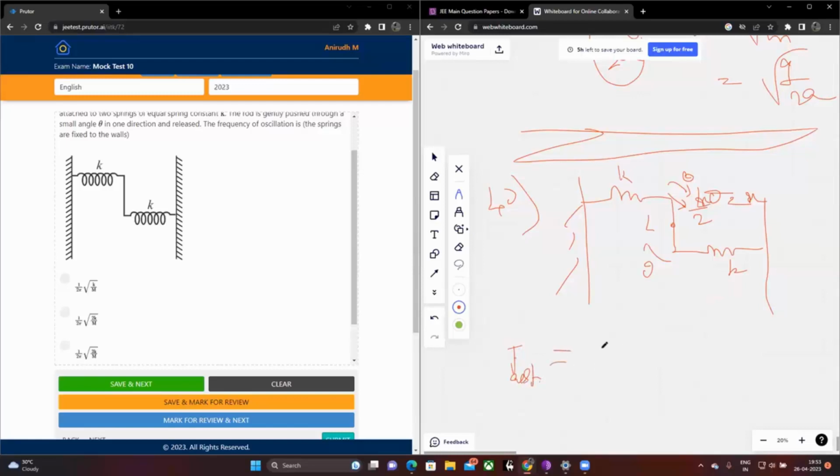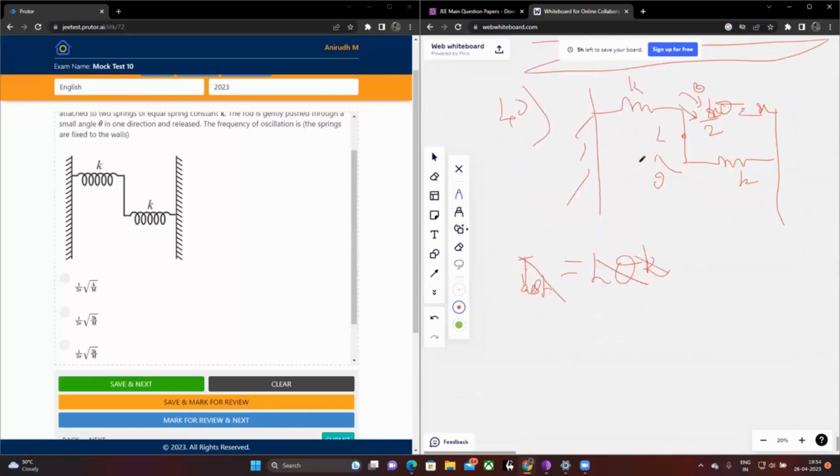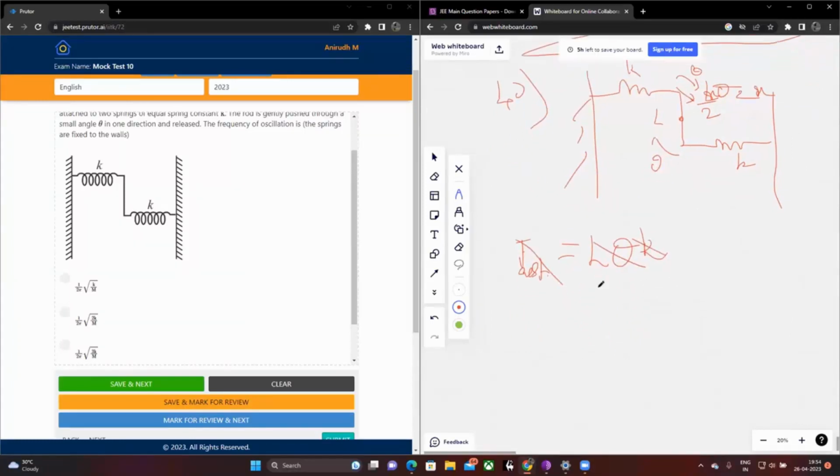That is basically F restoring, which is L theta into k. But I don't really need the restoring force, I need the restoring torque.